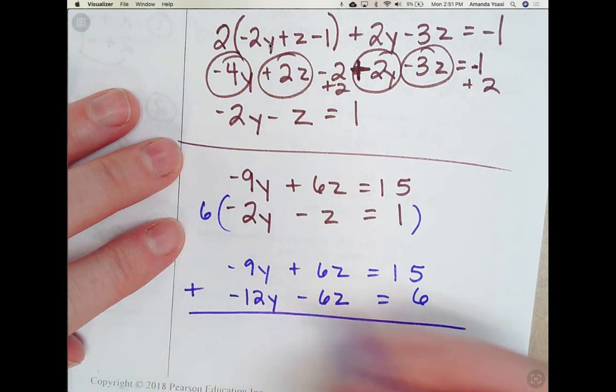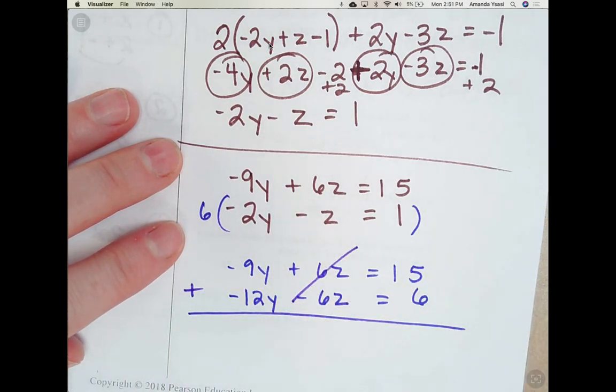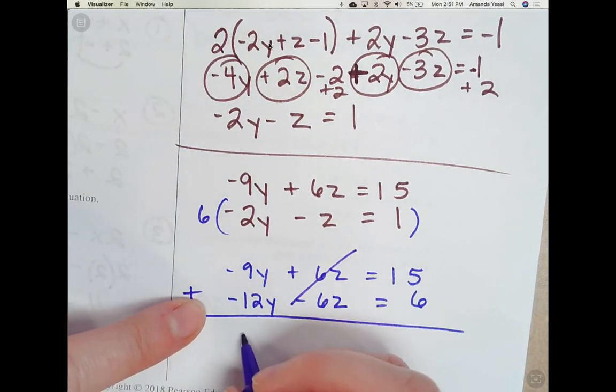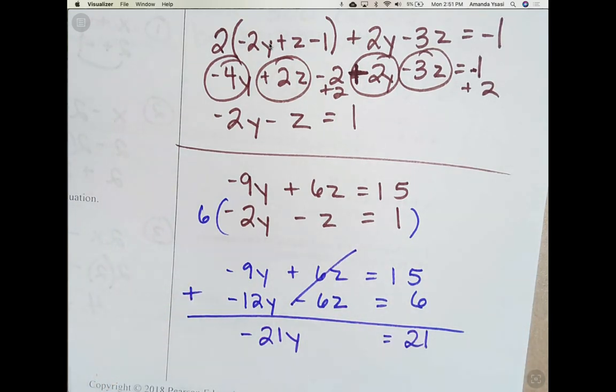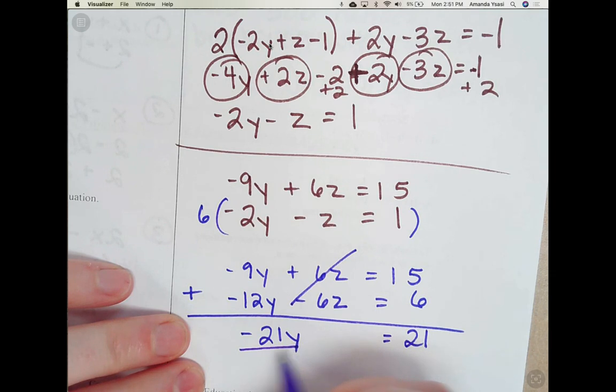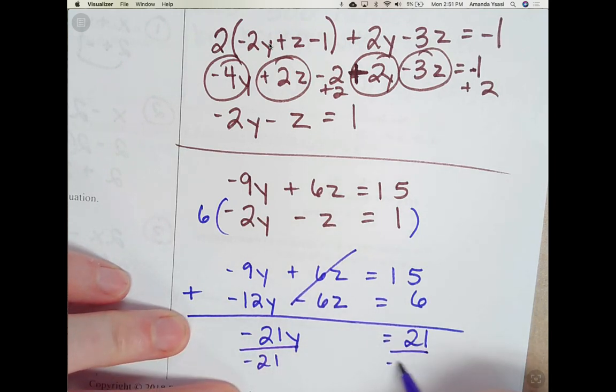Add these together. Negative 21y equals 21. Divide by negative 21. So y equals negative 1.